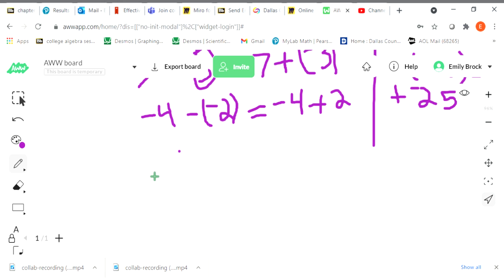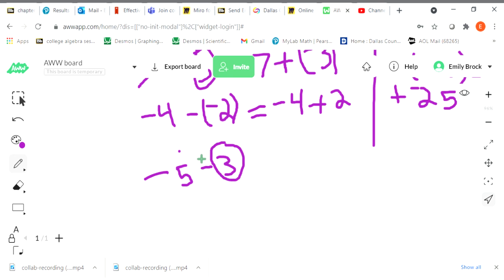Let's look at, how about, negative 5 minus 3. Okay, this is a positive 3.